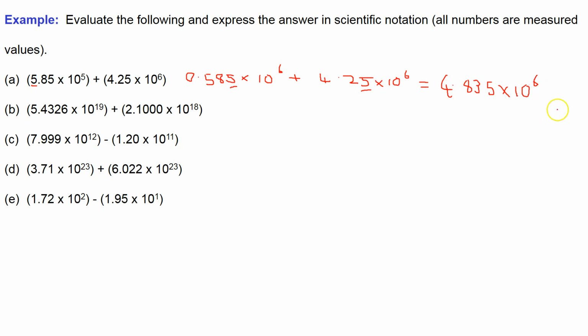But I know that I need to cut it off at 0.01, and so it's a little bit confusing here because what's following is exactly 5, and then this is an odd number, so odd numbers go over, so that would be 4.84 by 10 to the 6.